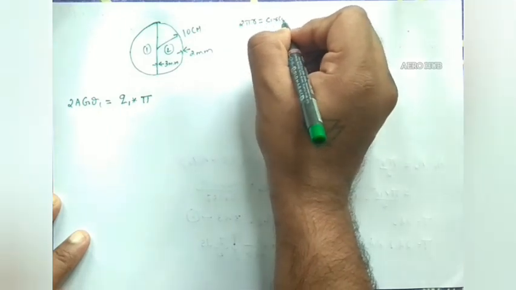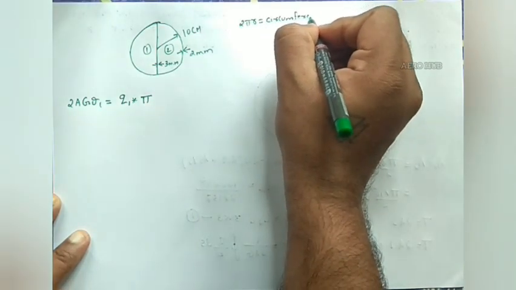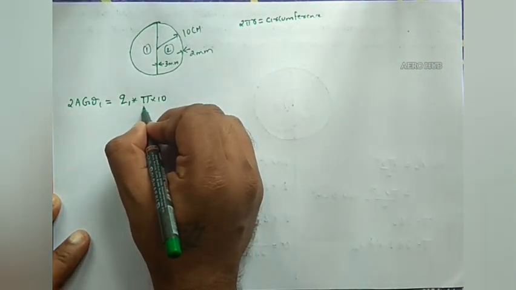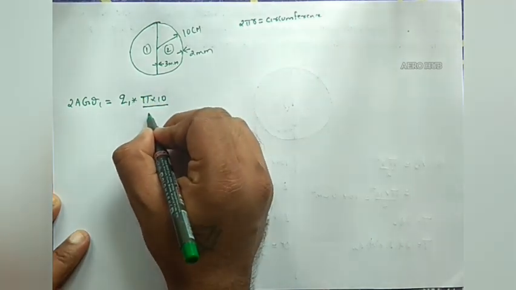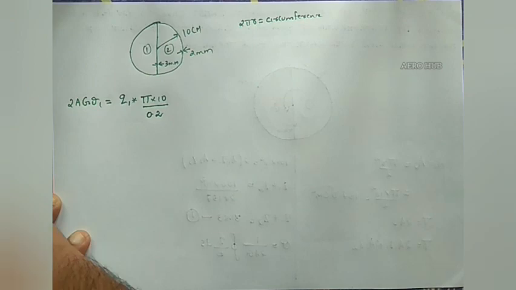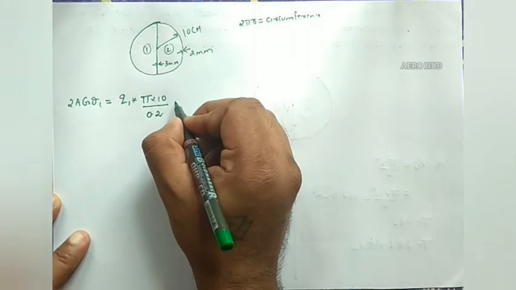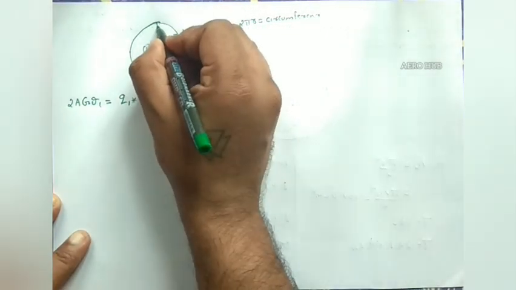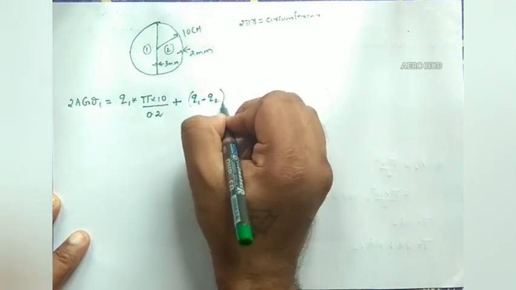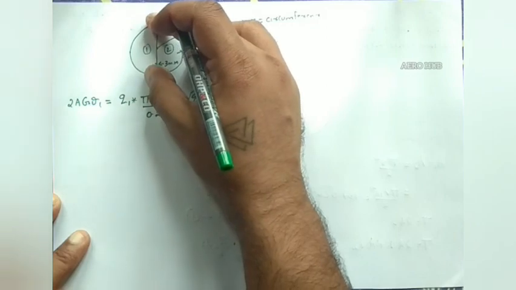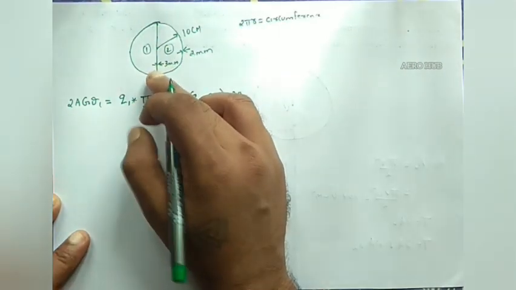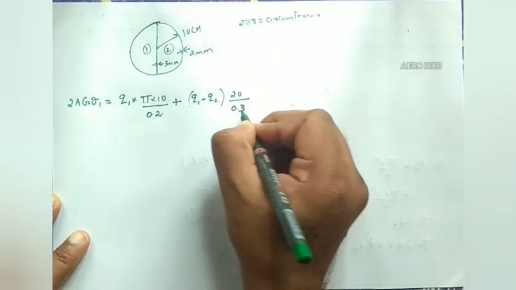So the perimeter of half circle is nothing but pi r, that will be pi into 10, that's the length, divided by the thickness, 2 millimeters, so it will be 0.2, that is in centimeter. Plus we go for the diameter web Q1 minus Q2, and the length here is nothing but diameter, that is 20, and the thickness is nothing but 0.3 centimeter.